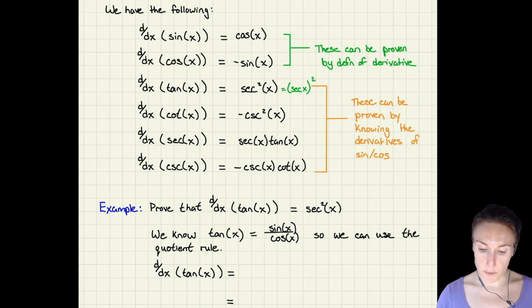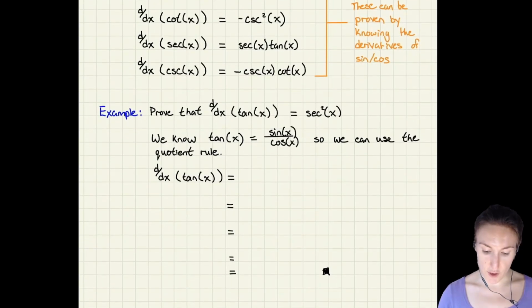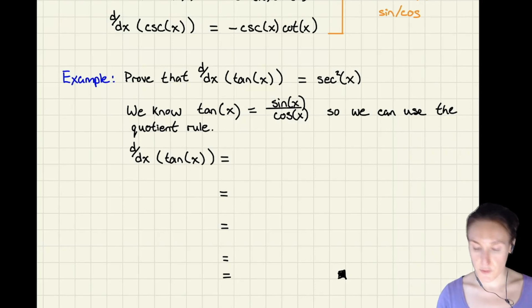The ones that you see a little bit more often are obviously sine and cosine, tan and secant. Those are the ones that are most commonly used. I personally always have to remind myself of these two, and if I forget them, I just derive them, as you're about to see. So let's first start off and prove the derivative of tan.